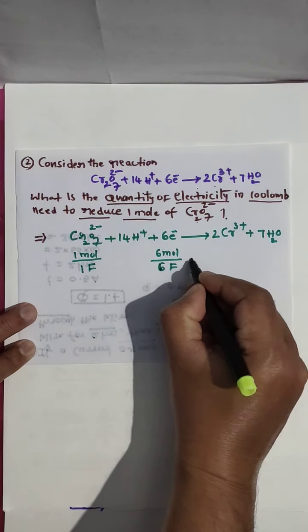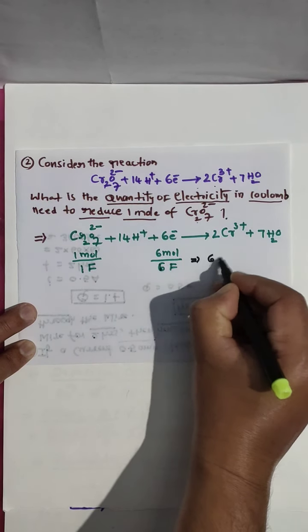You know very well, 6 moles of electrons means 6 into F, nothing but 6 into 96,500. 1 Faraday equals 96,500 coulombs. So this many electrons we need.